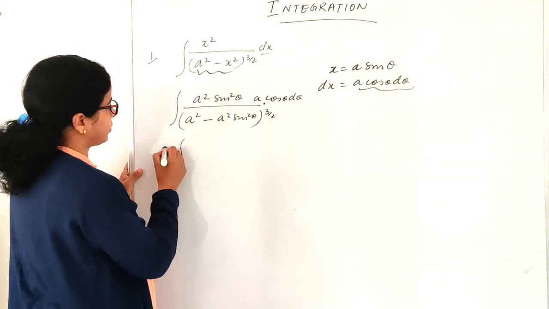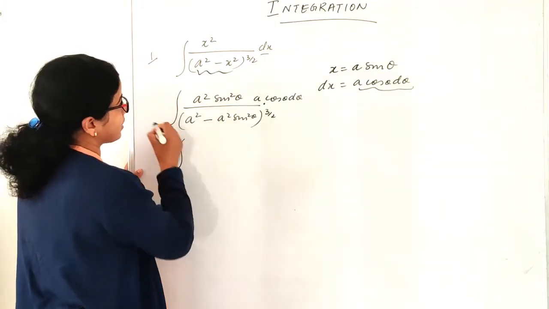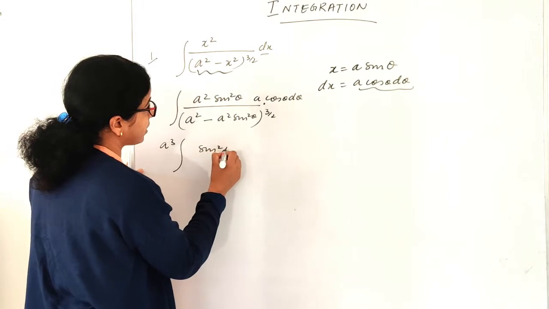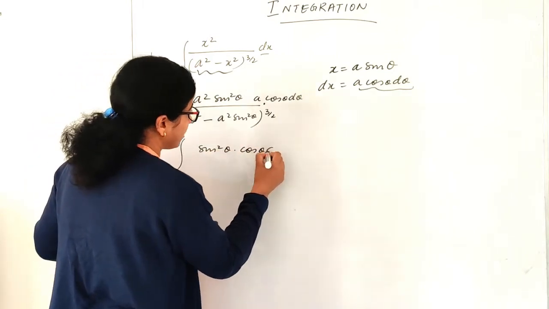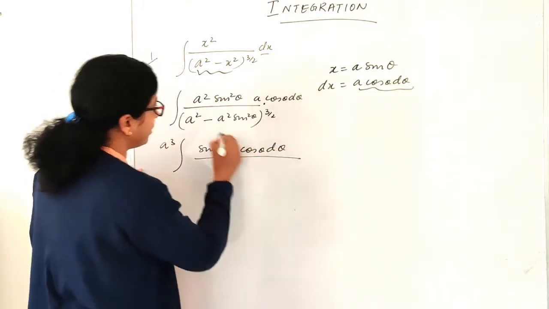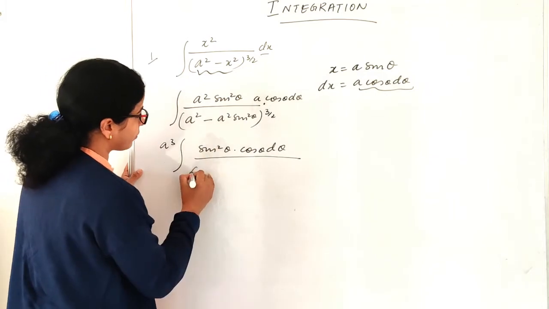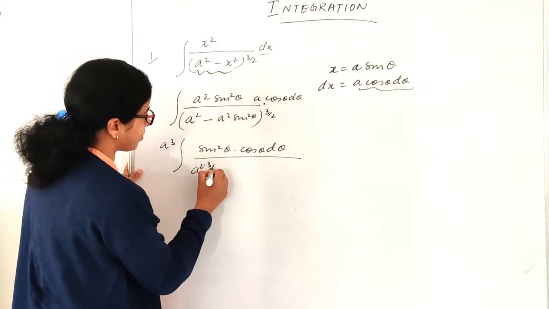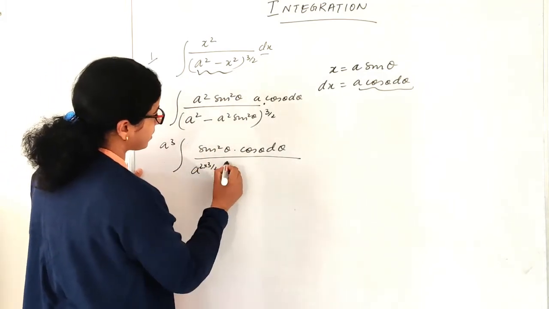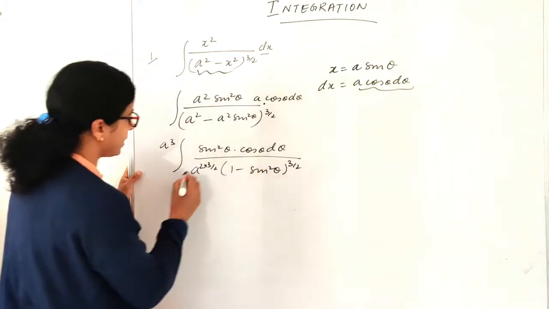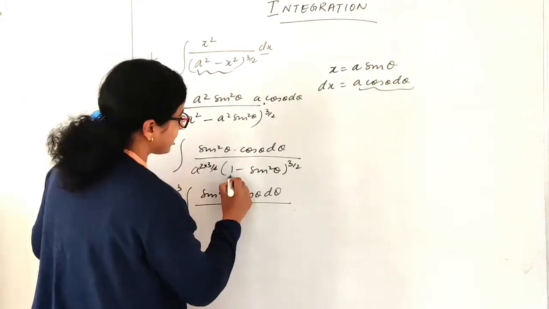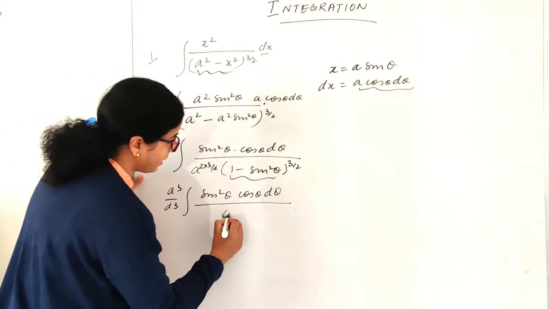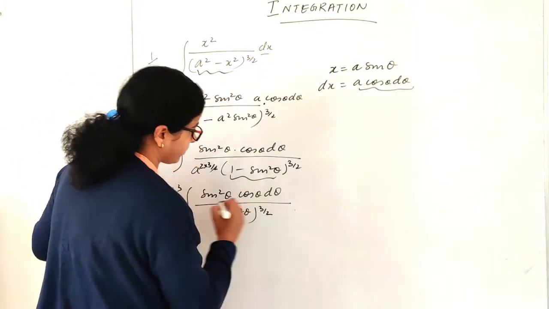Now, so a cube, I can write it outside, sin square theta into cos theta d theta upon, I can take out a square common from here also, so a square to the power 3 by 2, 1 minus sin square theta I am left with, okay. So this is a cube, it will become cos square theta, right, whole to the power 3 by 2, correct.